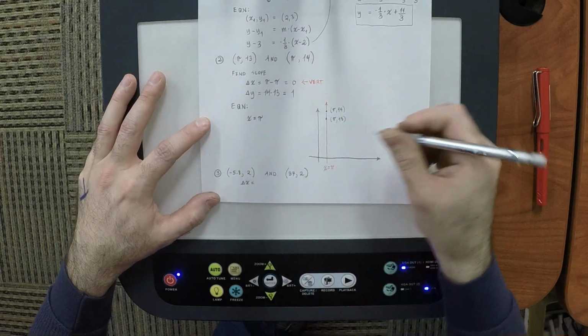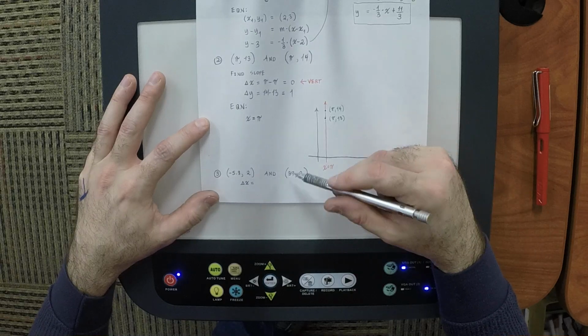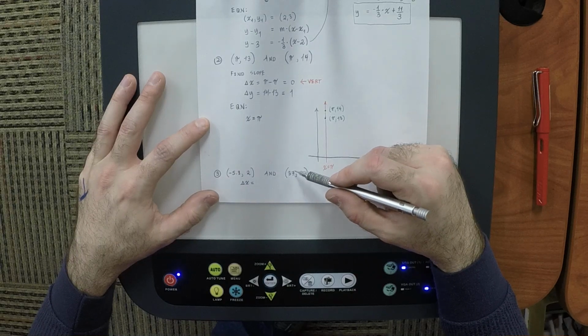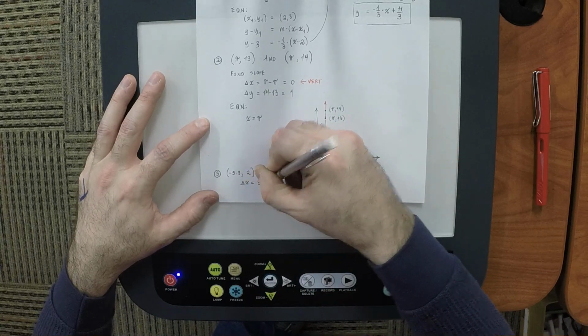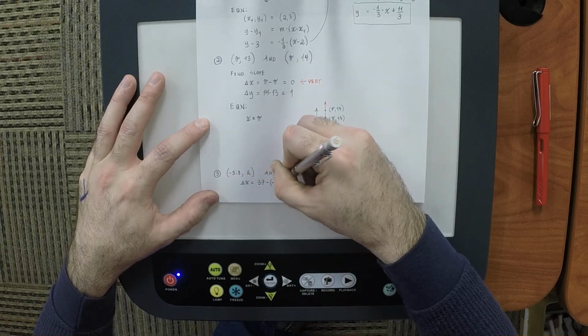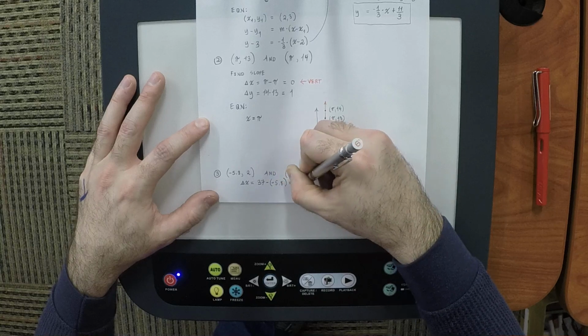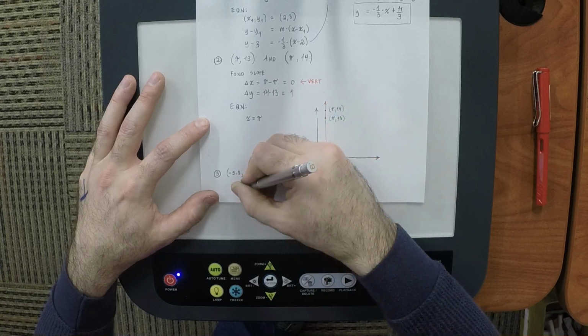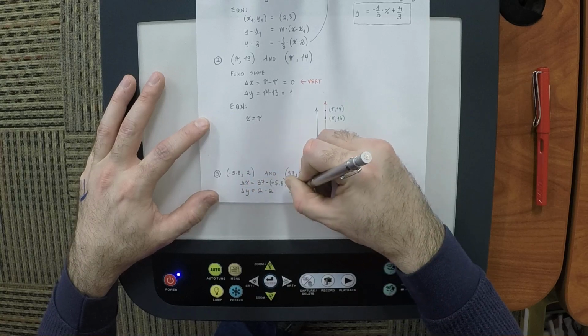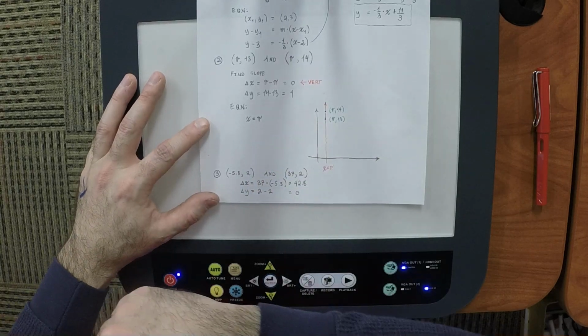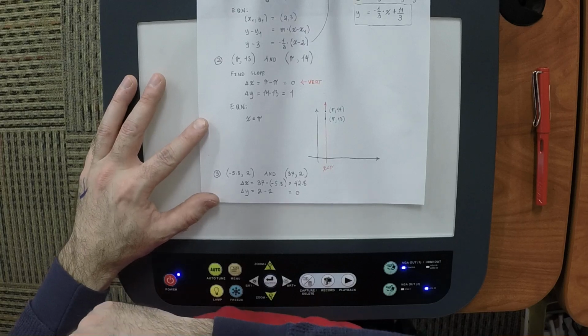Delta x is the difference in the x's. Oh, look at what I did to myself. So that'd be, what, 42.8? 37 minus negative 5.8. 42.8. Delta y, well, that'd be 2 minus 2, which is 0. The fact that delta y is 0 means that this is a horizontal line.